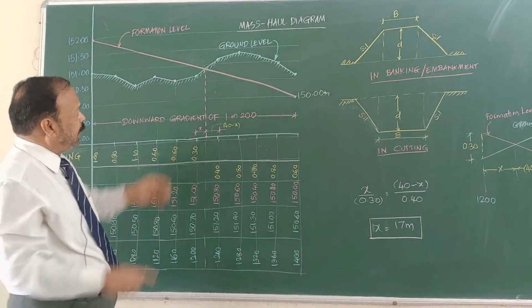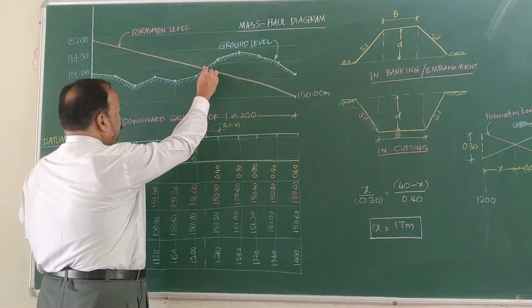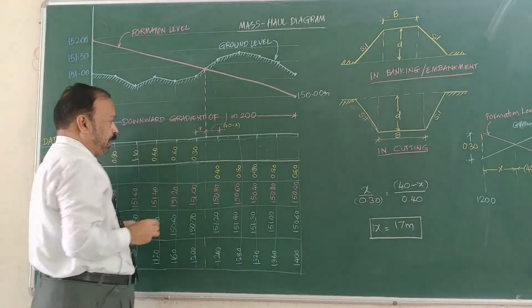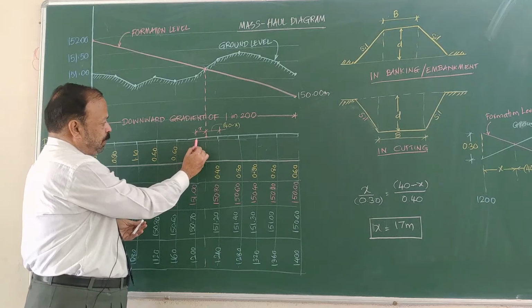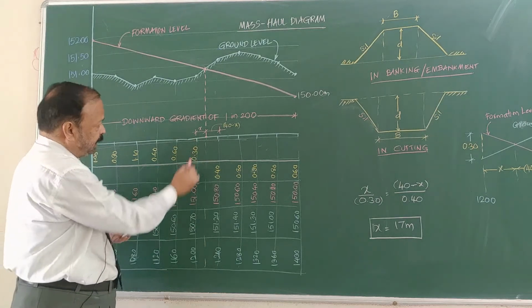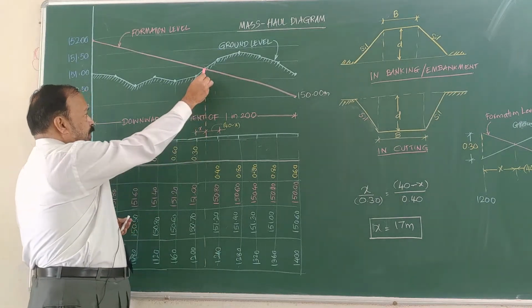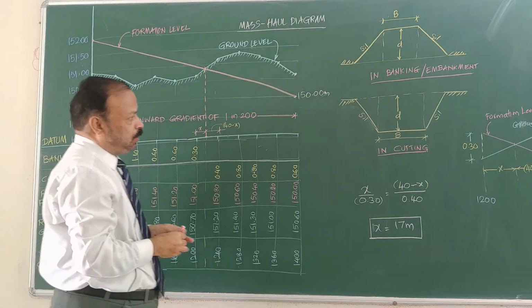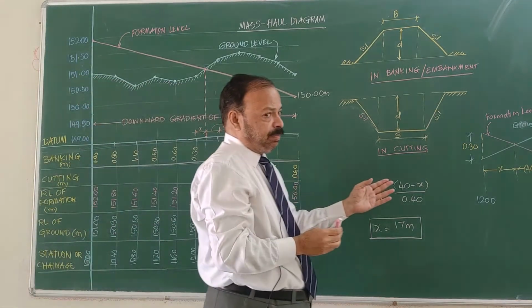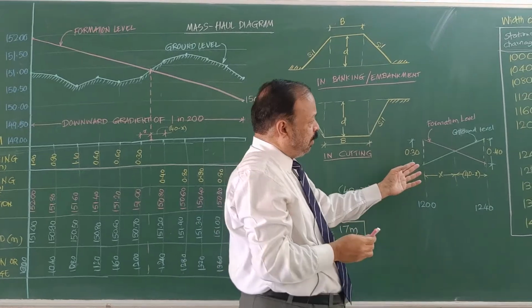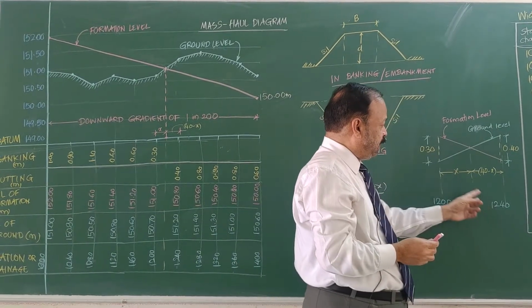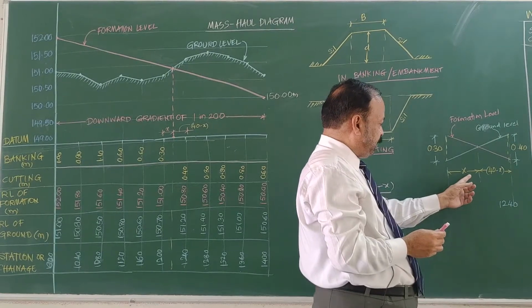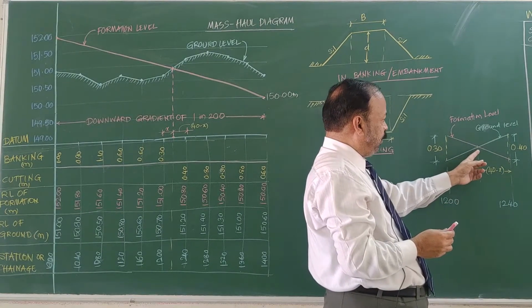So you can notice that at one particular point here the formation level meets the ground. So we have to calculate this distance, that is x, from 1200 chainage. What is the distance where the ground meets the formation level? So if I draw the diagram of the cross section at 1200 chainage and 1240 chainage, at some distance x, let us assume that the ground meets the formation.